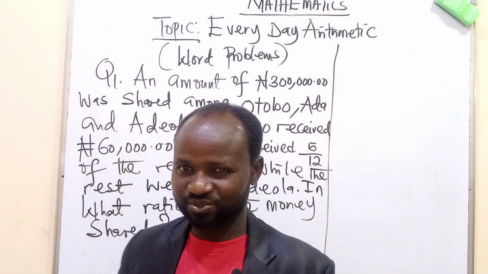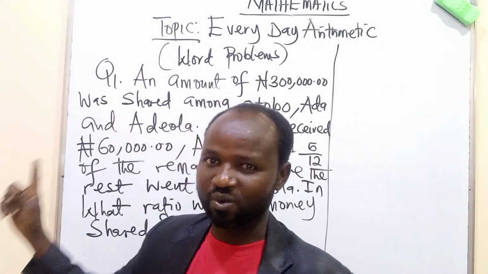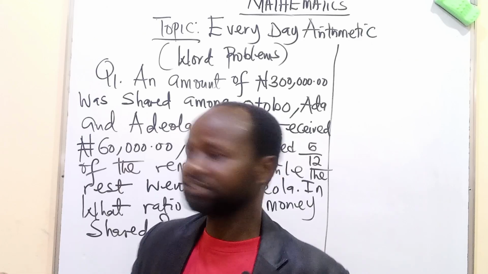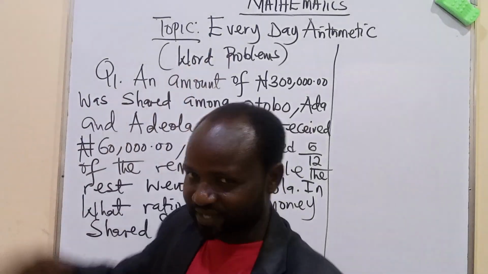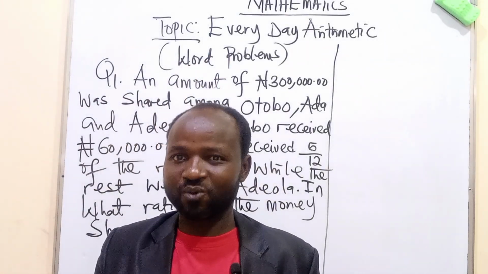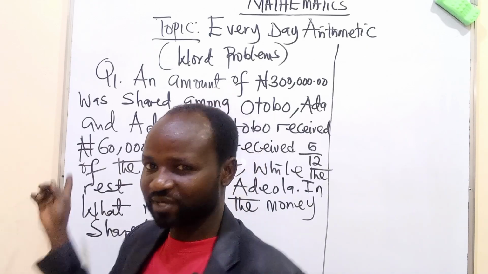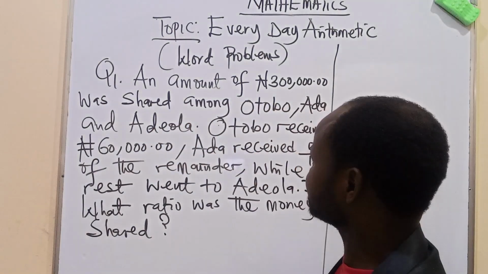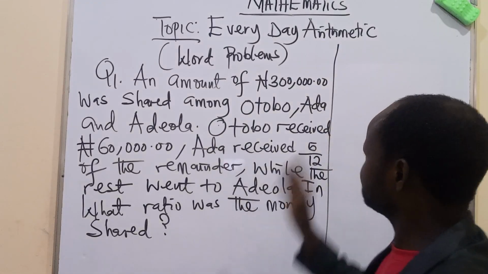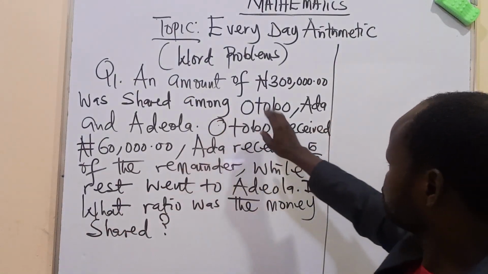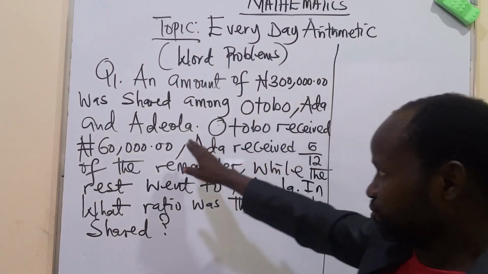Let's look at this question on the board. This is question one. We'll solve as many questions as we can from this topic, everyday arithmetic. In other words, word problems in mathematics. The question reads, an amount of 300,000 was shared among Otubo, Ada, and Adiola.